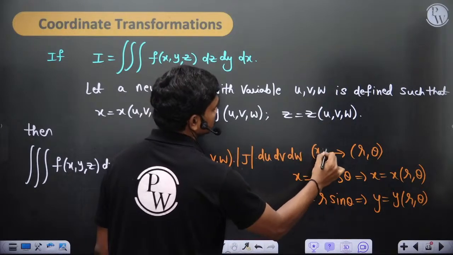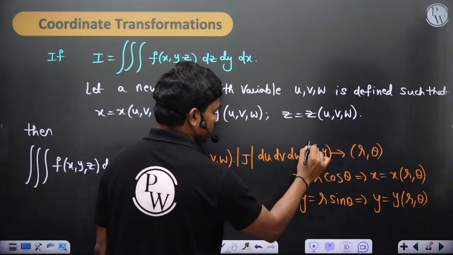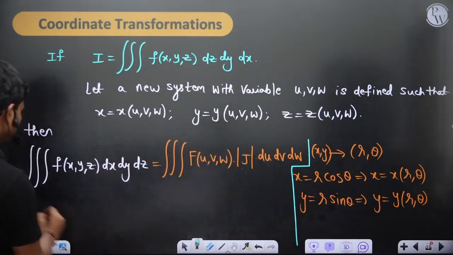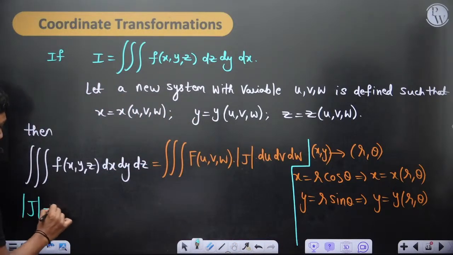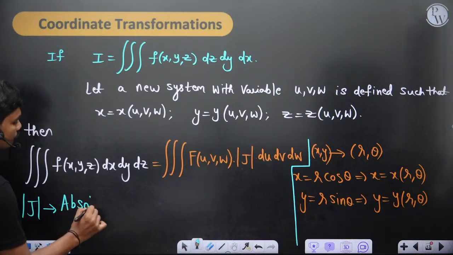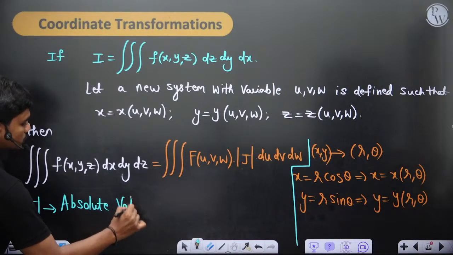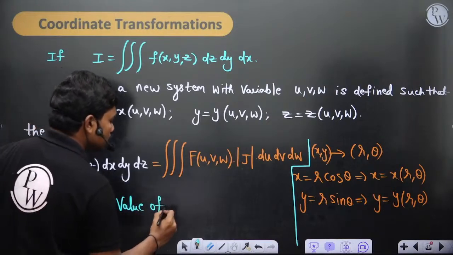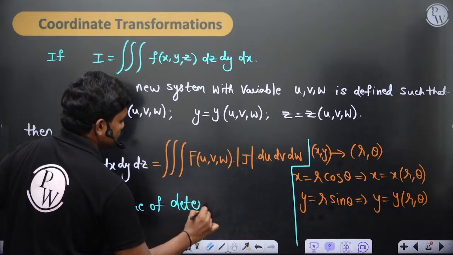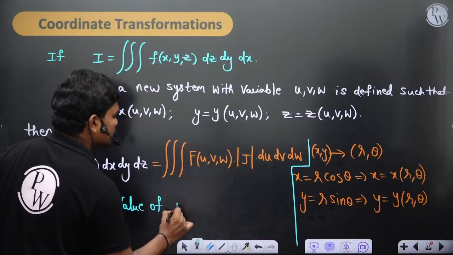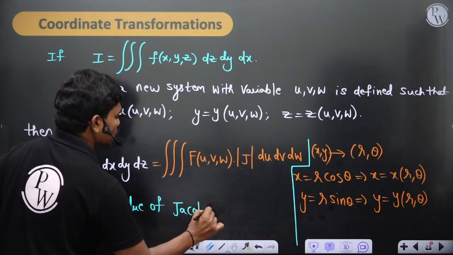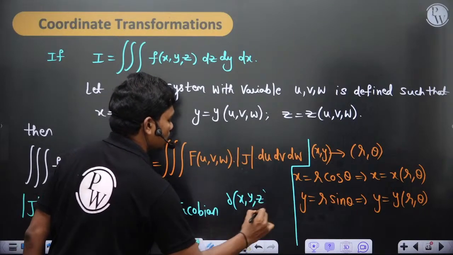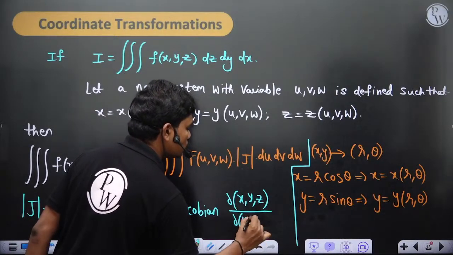So that is how x, y, z is converted, where mod J is nothing but the absolute value of the determinant of the Jacobian. You can say this is the Jacobian of x, y, z with respect to u, v, w.